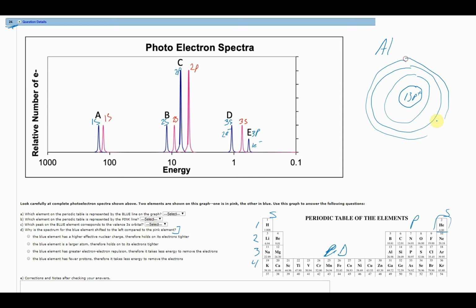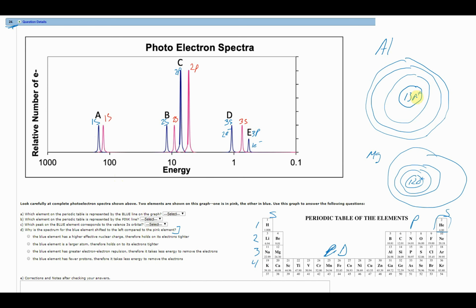And if we were going to think about magnesium, its nucleus has 12 protons, and it too has 3 rings, 1, 2, and then 3. 12 protons.